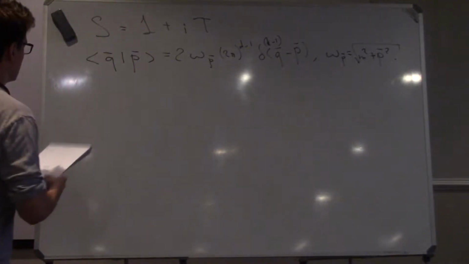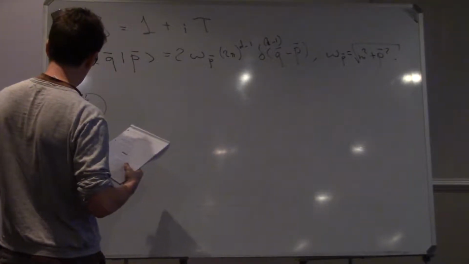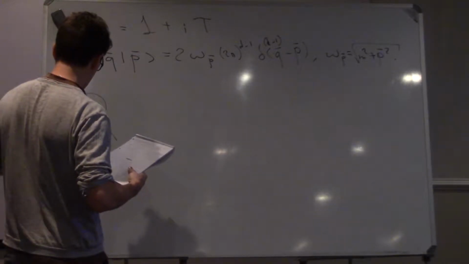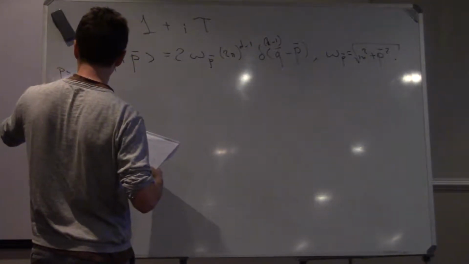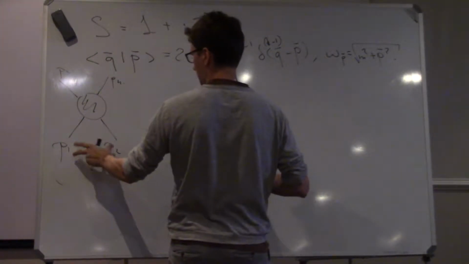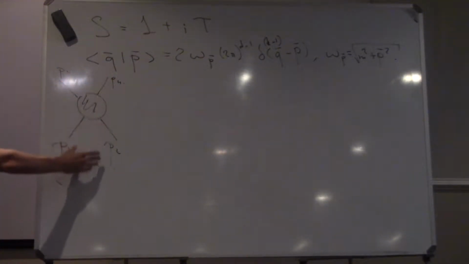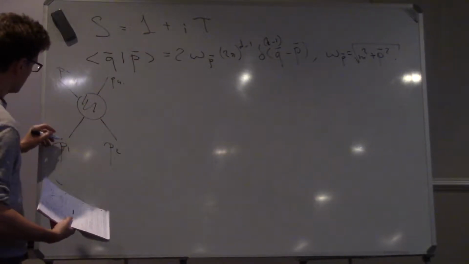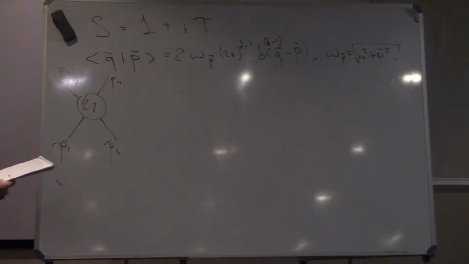Now if we take a 2-to-2 scattering, so we have P1, P2, P3, P4, we want to understand the transition between this initial state with two particles, momenta P1 and P2, and the final state with momenta P3 and P4.